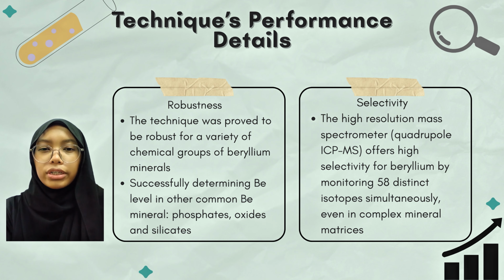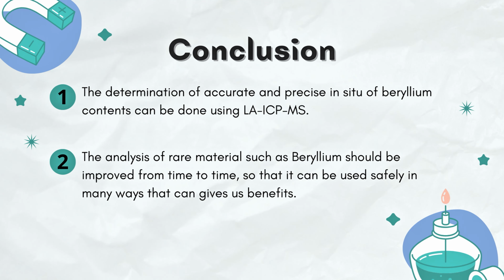This high-resolution mass spectrometer also offers high selectivity for beryllium by monitoring 58 distinct isotopes simultaneously, even in complex mineral matrices. The first conclusion that we reach is that the determination of accurate and precise in situ beryllium contents can be done using LA-ICP-MS.